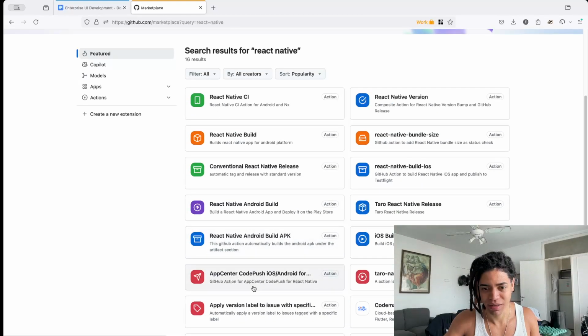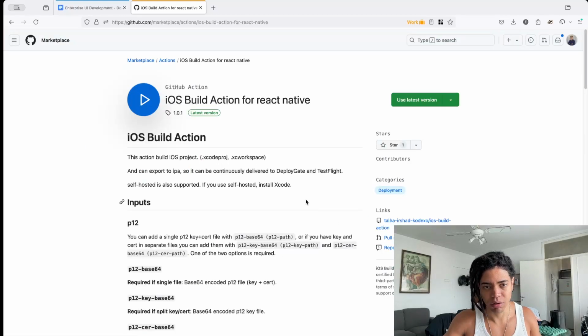Interesting. Oh, GitHub Action for App Center code push for React Native. But this is only for... you got iOS build actions, build iOS project, and export IPA. All of this very interesting stuff.